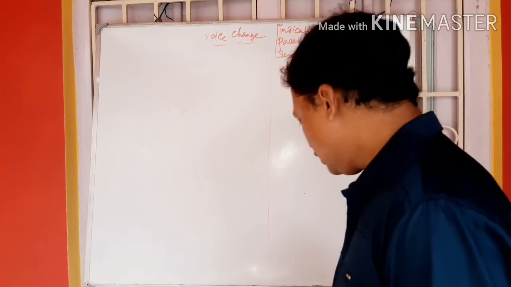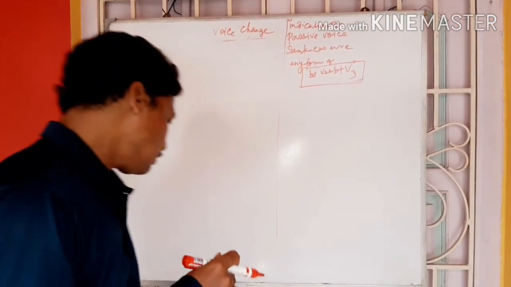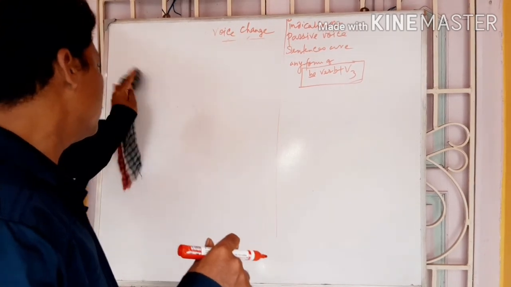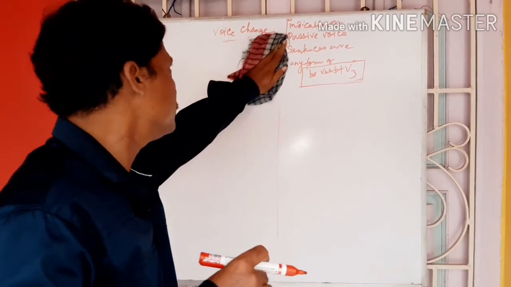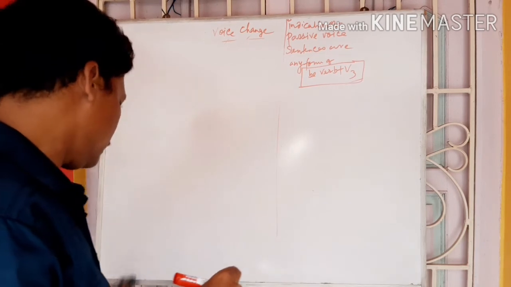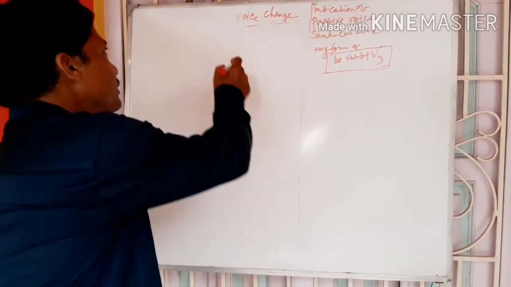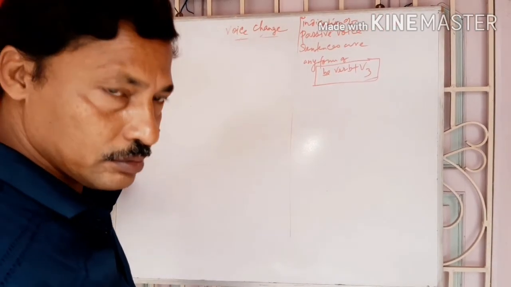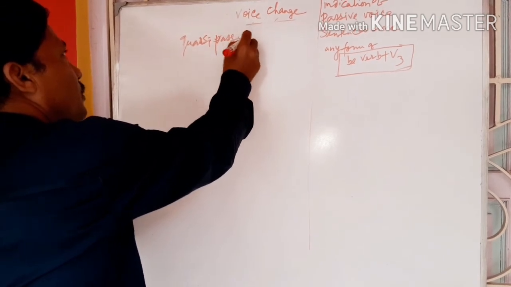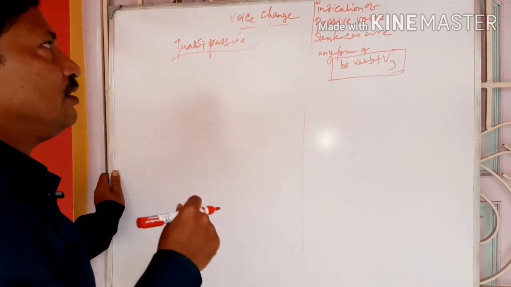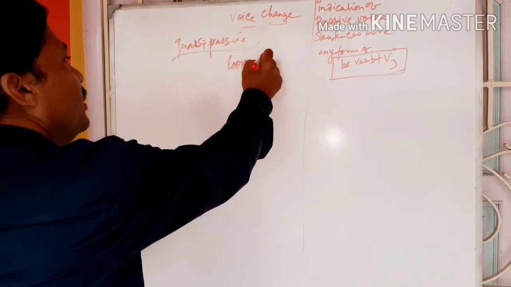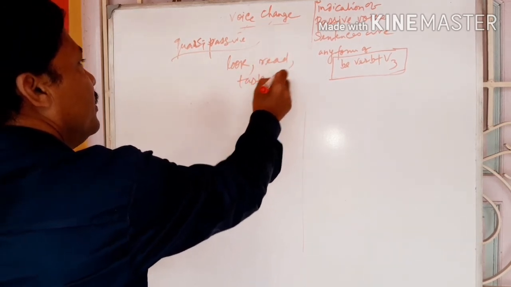Number 4 is quasi-passive. Some transitive verbs in active voice look like passive ones, that is called quasi-passive, like look, read, test, fail.